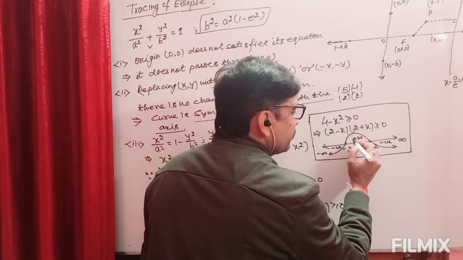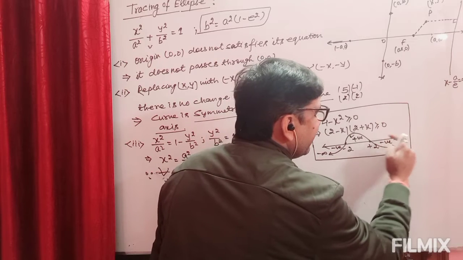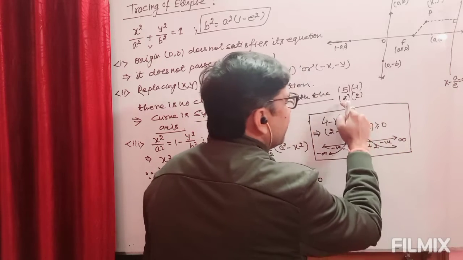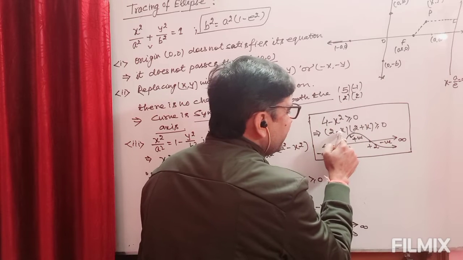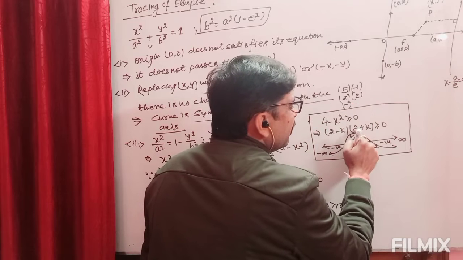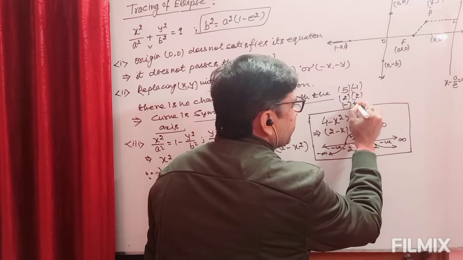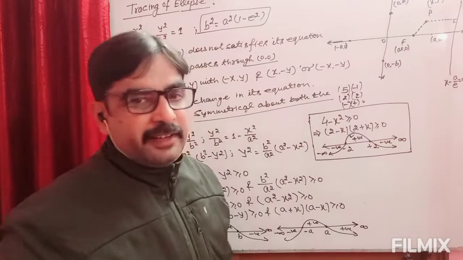So the product remains positive. This is okay. And in the third part, greater than 2, you take 3. So 2 minus 3 is negative, and 2 plus 3 is positive. So negative into positive is negative. So in the third part it is negative.